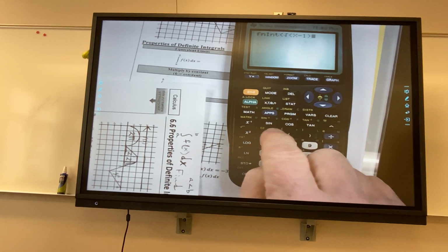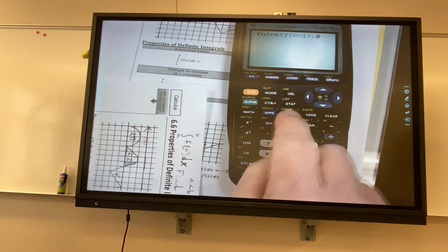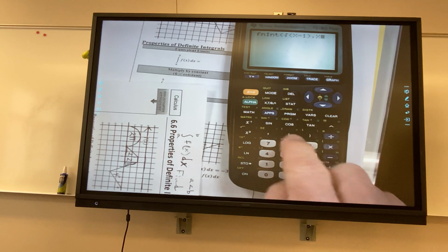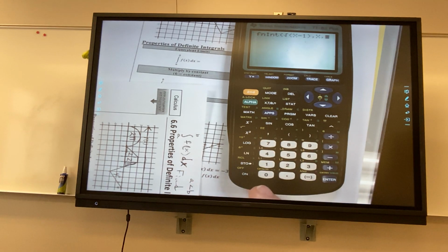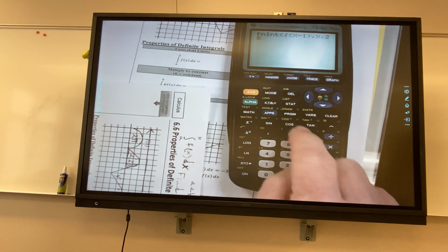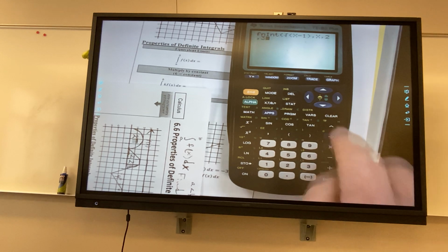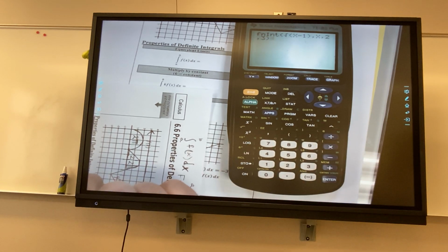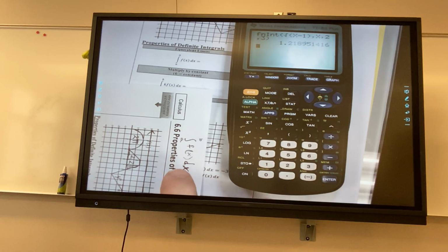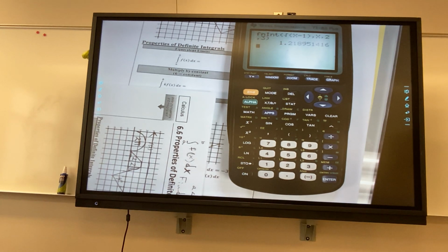Then I have to tell it you're integrating with respect to x, just like you take a derivative with respect to x. Follow it with a comma, and then type in the a number first and the b number second. So it's going to be 2, 3, parentheses. Okay? If I press enter, you should get that as an answer. Did everybody get that? Okay? That's the first way to do it.